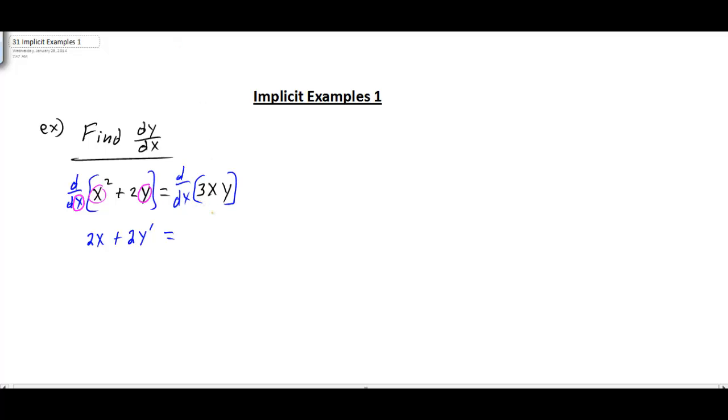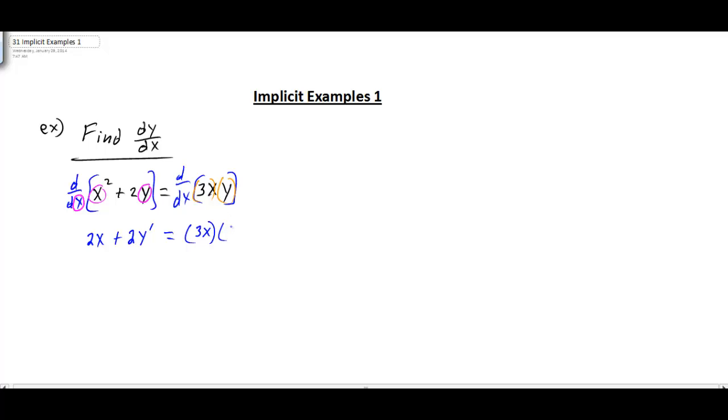We have 3xy. So if you recall here, we have to use the product rule. So I'm going to group 3x times y, and the product rule says we're going to take the first term, which is 3x, multiplied by the derivative of the second. Well, the derivative of y would simply be 1, and then if we take the chain rule, that would simply be y prime.